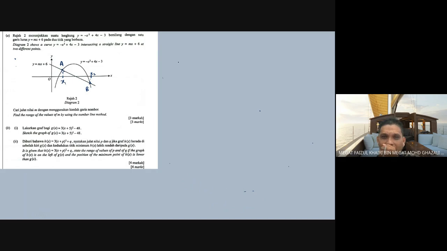I cannot write somewhere up on this area, so I need to move down here. So g(x) equal to 3(x plus 5) squared minus 48. Why do we have this function in this form? Let's say if I have y equal to x squared minus 5x plus 6.